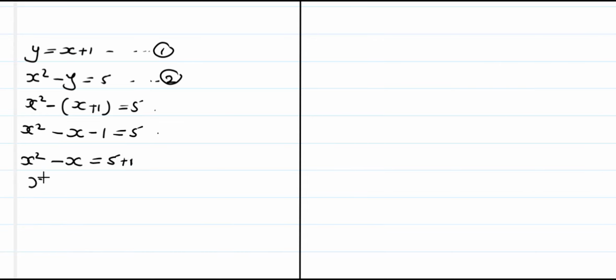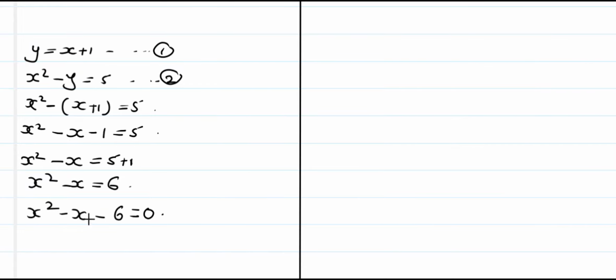So it becomes x squared minus x equals 6. But then I can also take this 6 here and it becomes x squared minus x minus 6 equals 0. And that way I have a full quadratic equation based on x alone. Then I can use factorization to solve this question.